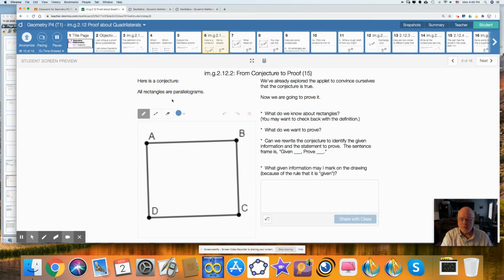But I'm being more specific so that we can actually mark the drawing and so we can actually take something from this and make it a statement that we can use. So I'm going to mark the drawing with 4 right angles, because this is one thing that I can mark on this for sure. In the next few pages, I would have you explore and decide on what we know about rectangles and how we do this.